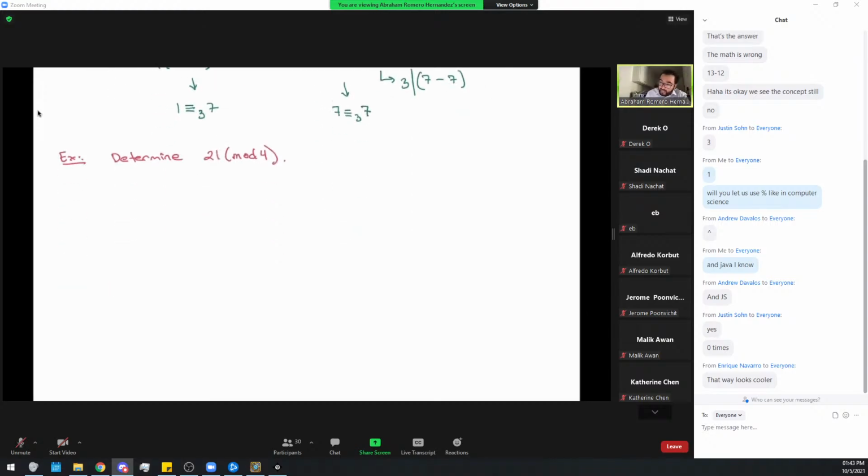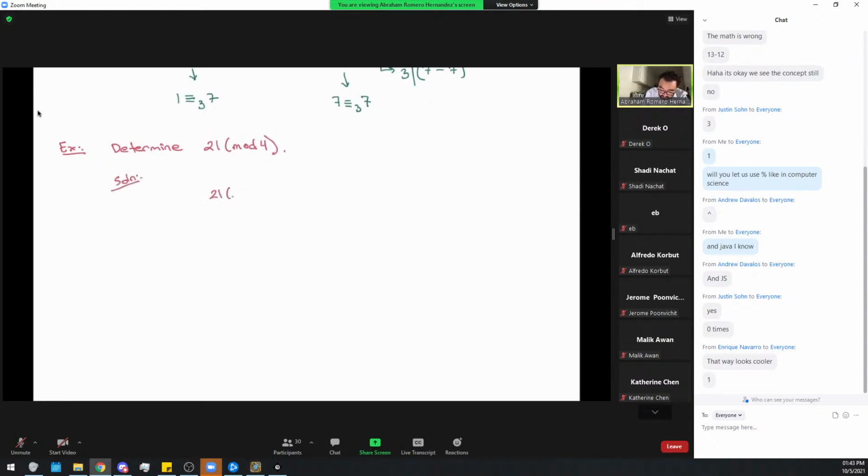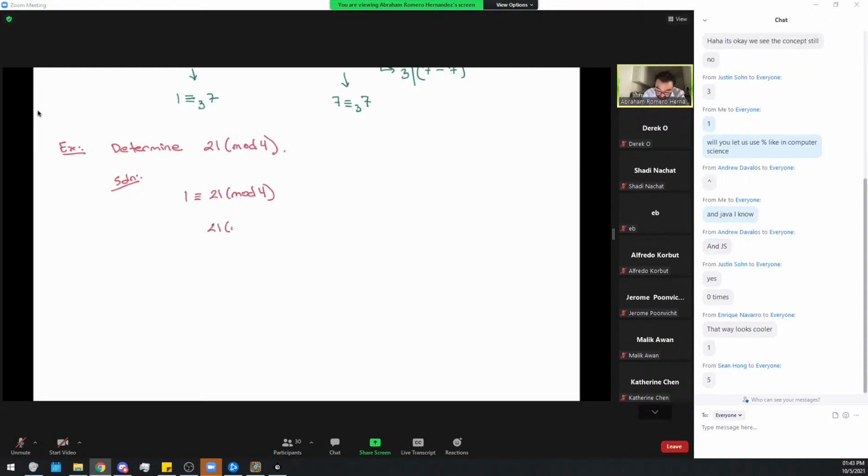Okay. So what are some answers for 21 mod 4? What is it congruent to? 1. What else? 5. Let's see. 5 minus 21, that's negative 16, and yes, negative 16 is divisible by 4.